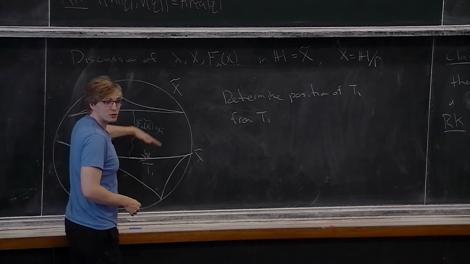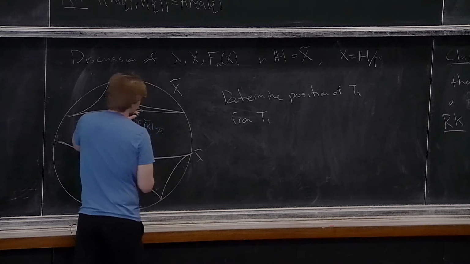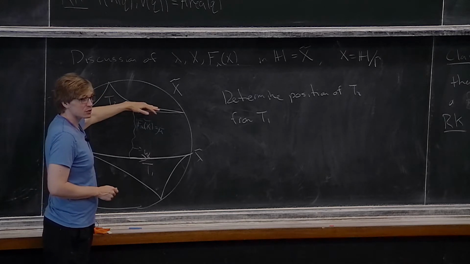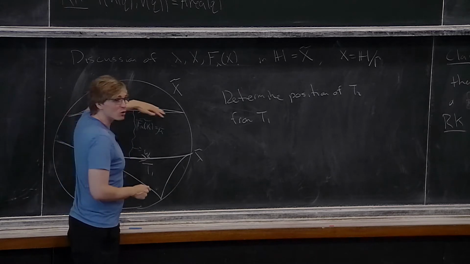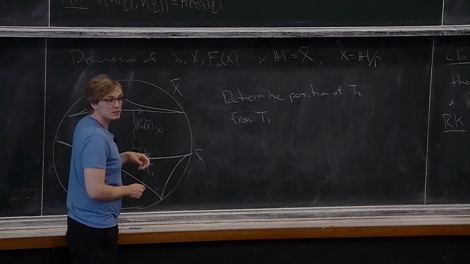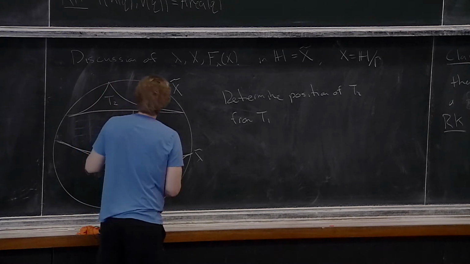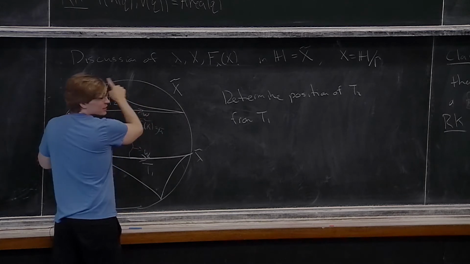I follow the transverse measure, and I pull this along, and I get a unit vector here. Okay, so this is W. But W doesn't quite determine T2, because I could shift this vertex.